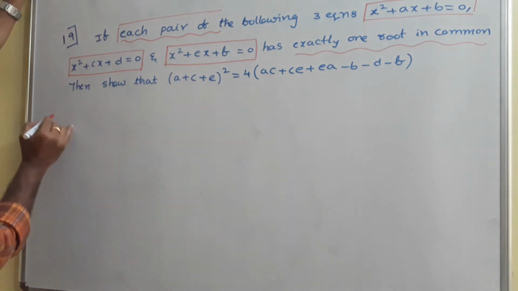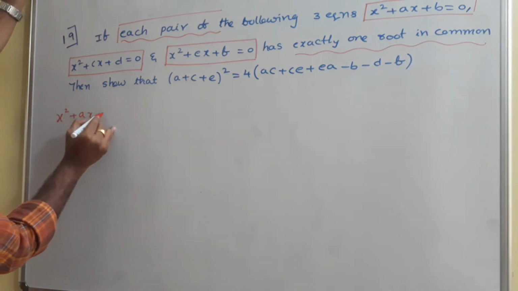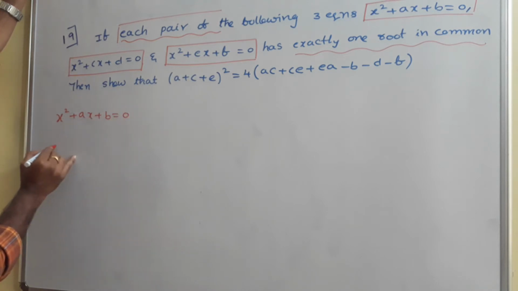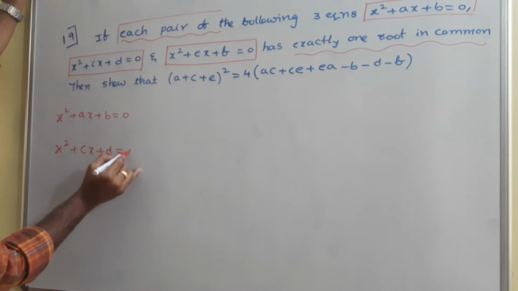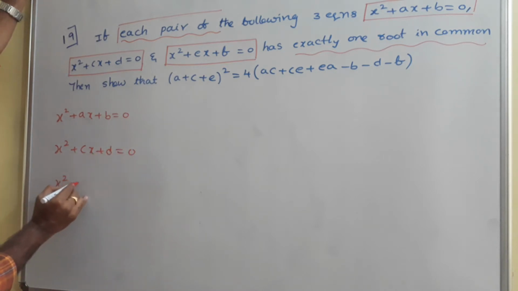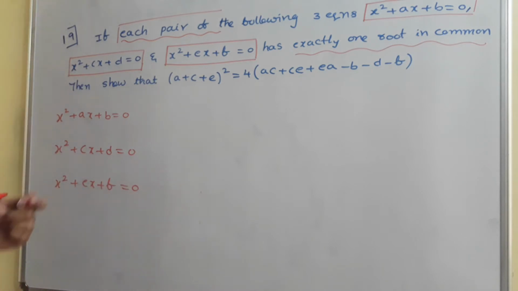Suppose the equations, once again I write for you: the first equation is x square plus ax plus b is equals to 0. Second equation is x square plus cx plus d is equals to 0, and the third equation is x square plus ex plus f is equals to 0. As they mentioned, each pair has one root in common.